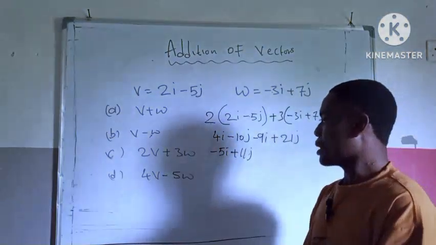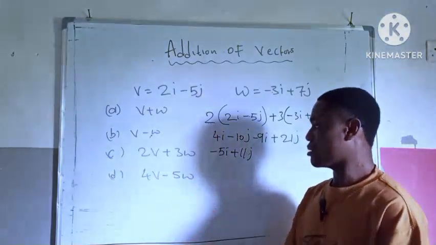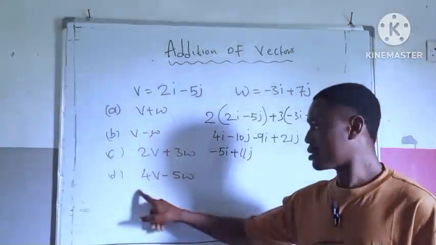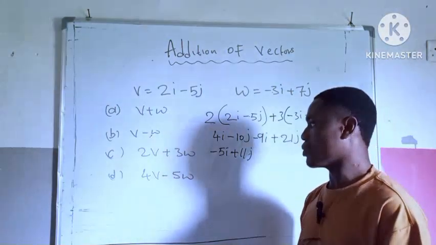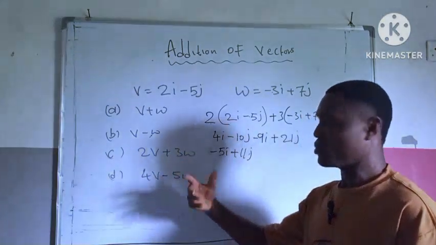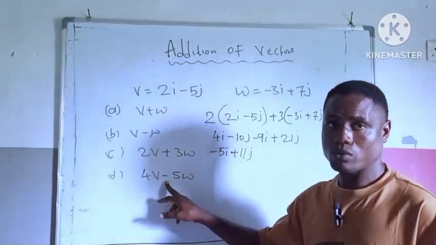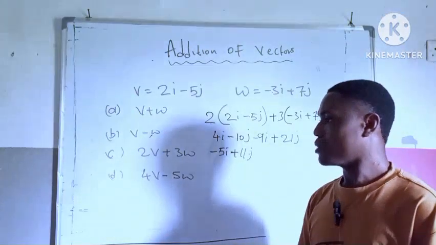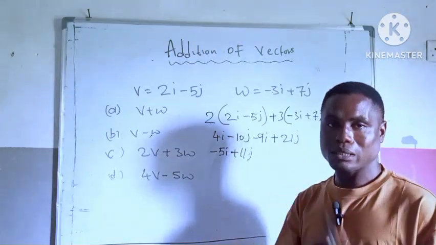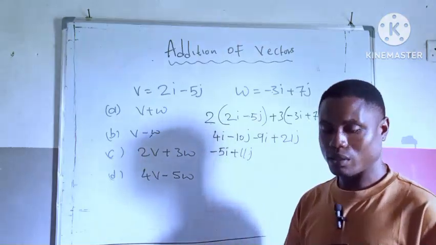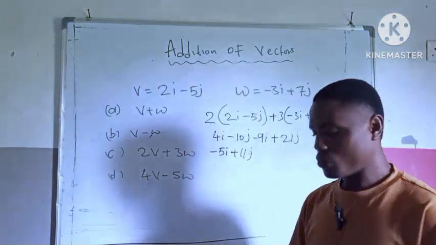Okay, let's move to the fourth one, I think you can solve it. This is 4v minus 5w. I've solved the previous one now, so you can use that procedure to solve this one. You can pause the video, solve it, then watch if your answer is the same as mine.